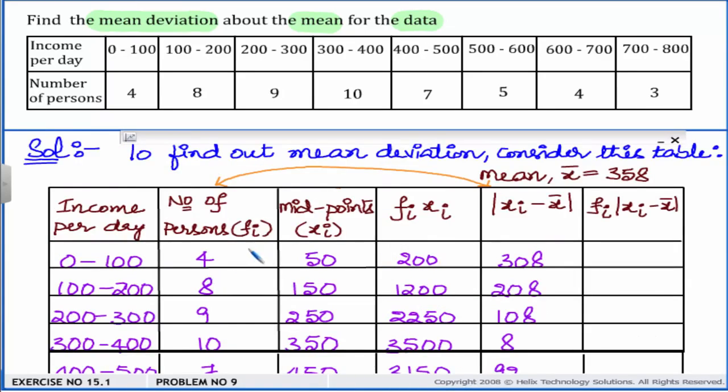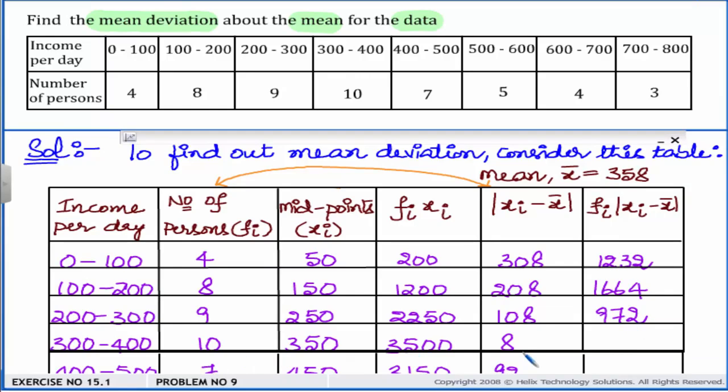Now let us find out the product of fi and modulus of xi minus x bar. In the first one we will be getting 1232, 1664, 9 into 108 is equal to 972.